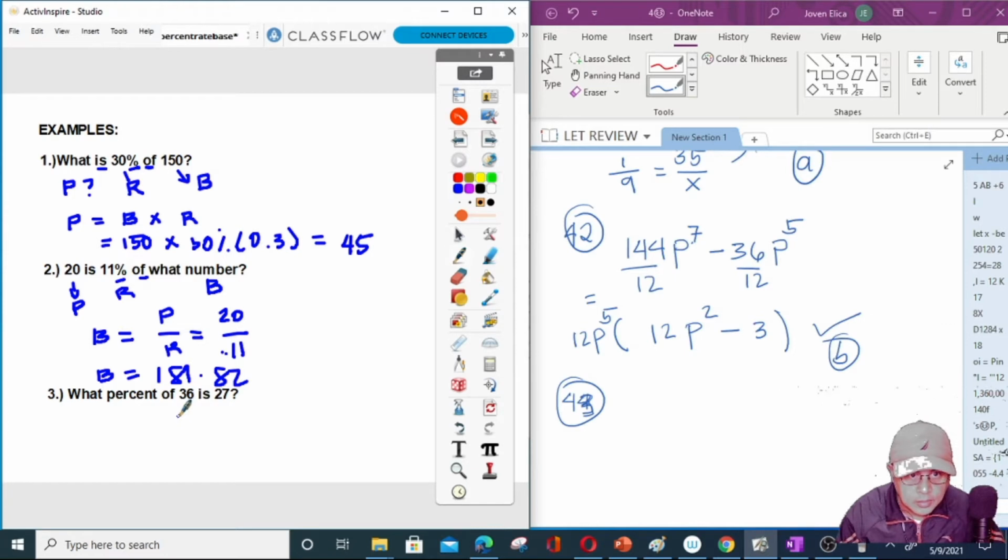Obviously the base is 36, 27 is the percentage, so what percent is asked, we're asked to find the rate.